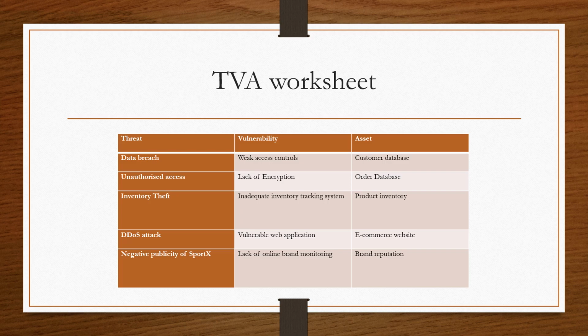In the TVA worksheet, I am now presenting the potential vulnerabilities, threats, and essentials for SportX. It helps with the framework for the purpose of identification and assessment of the risk.